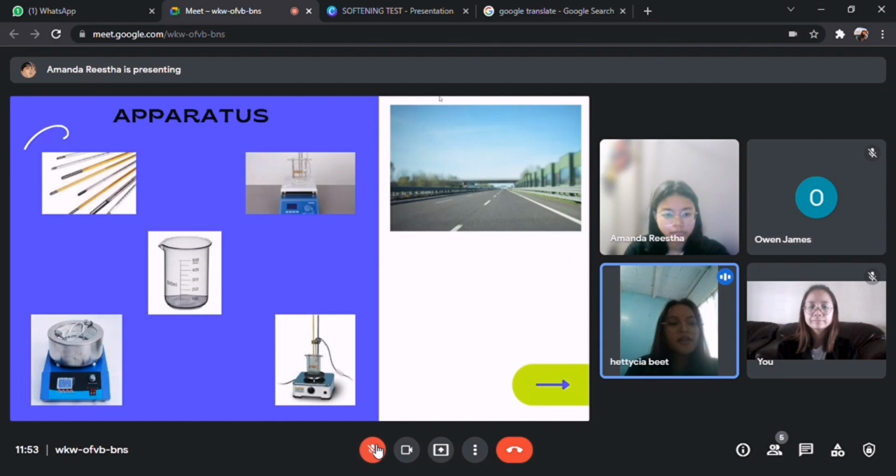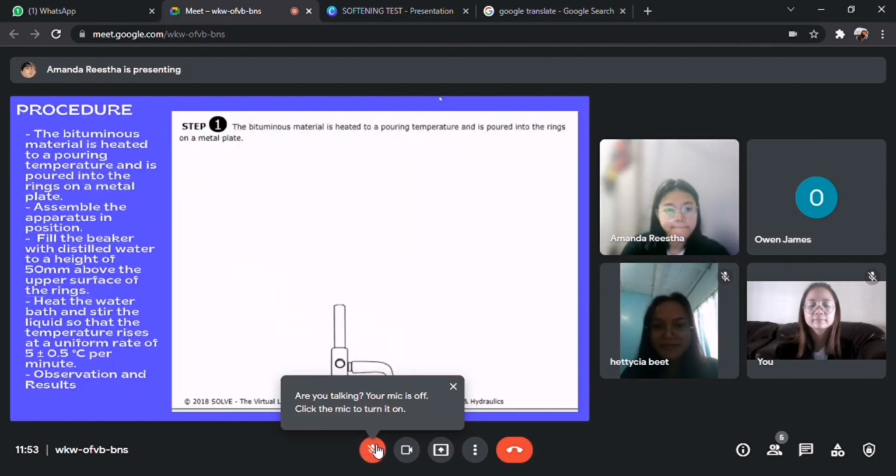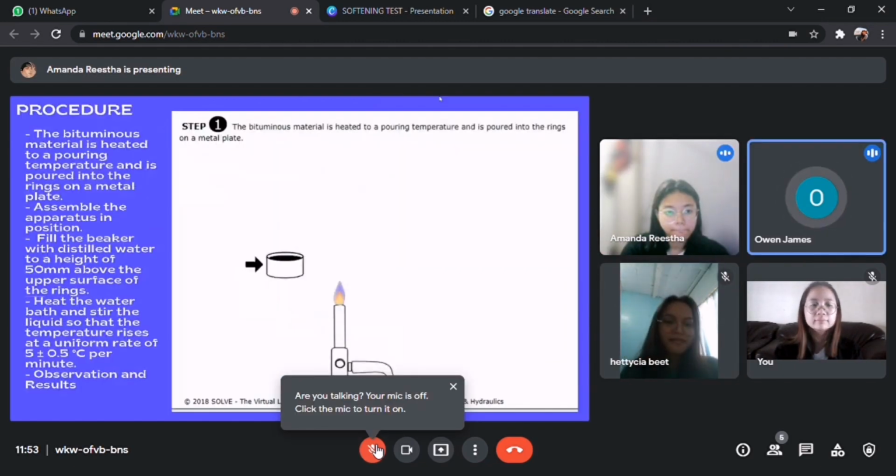The third is beaker, the fourth is heater, and the last is stirrer, used to make a stir by immersion in a liquid, quickly spinning or stirring a mixture or solution. That's all. Thank you.